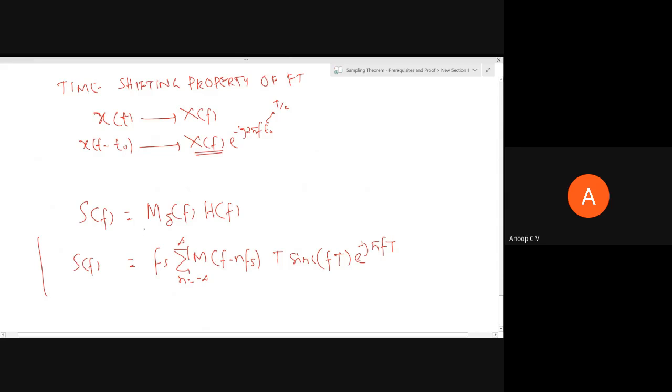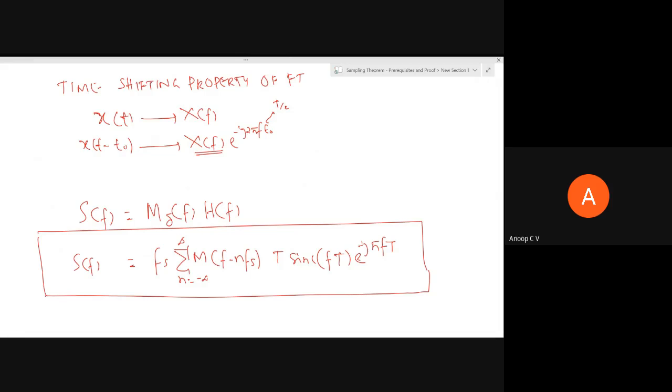Even though it's a very big expression, we can easily visualize this, and once we visualize it, we'll get an idea of how the spectrum of this PAM signal is related to the spectrum of the original message signal m of t. From that relation we can find out how to reconstruct the signal.